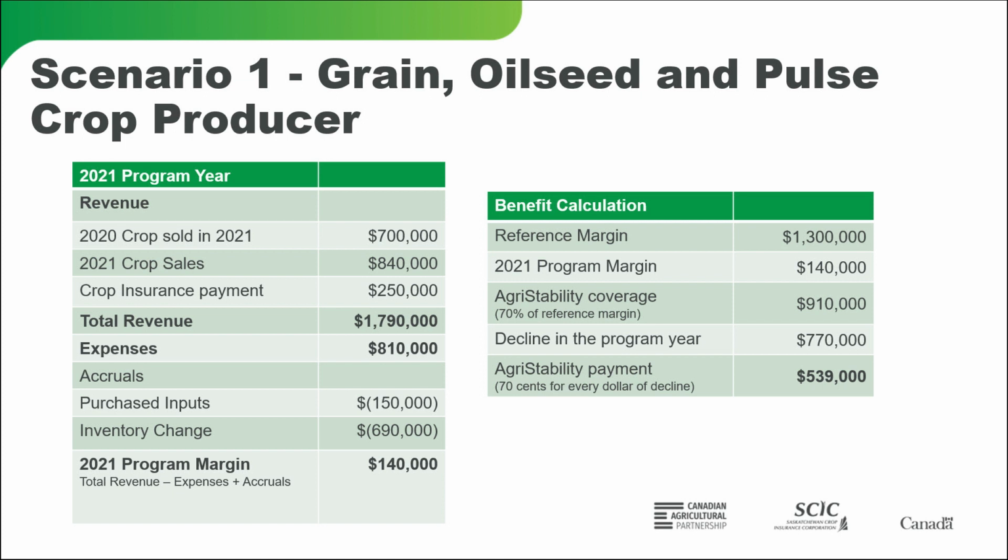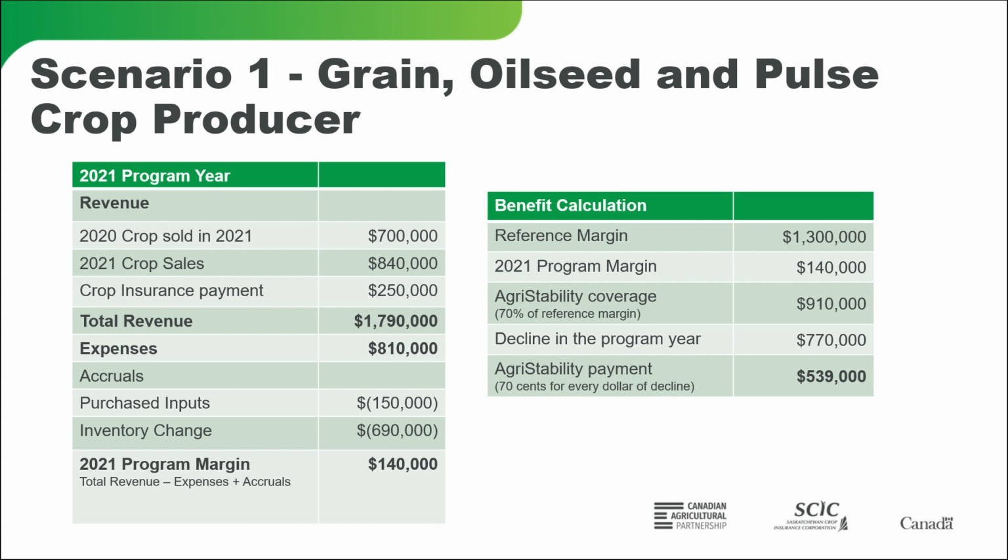Now the chart on the right is determining whether this producer is in a benefit situation. Historically, the reference margin for this producer is $1.3 million, and the 2021 program margin came in at $140,000. The AgriStability coverage is 70% of the reference margin, so 70% of the $1.3 million is $910,000, leaving a decline in the program year margin of $770,000.